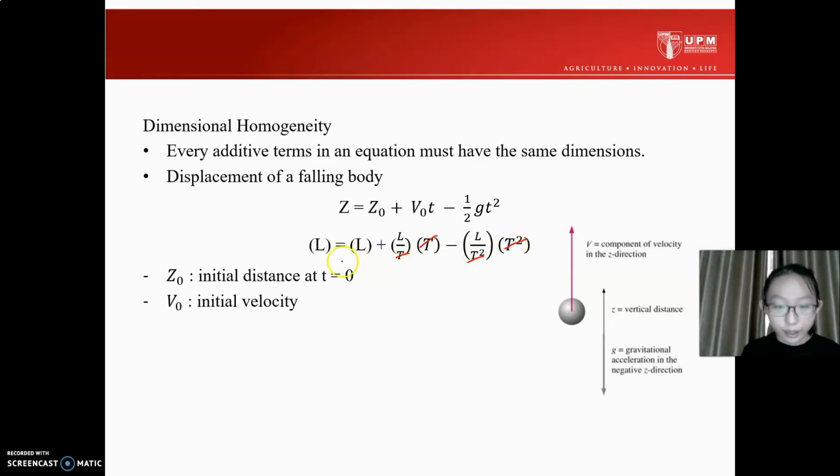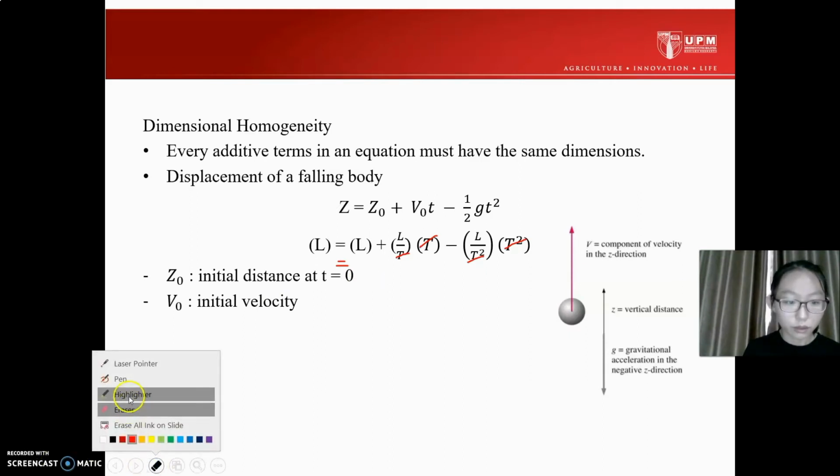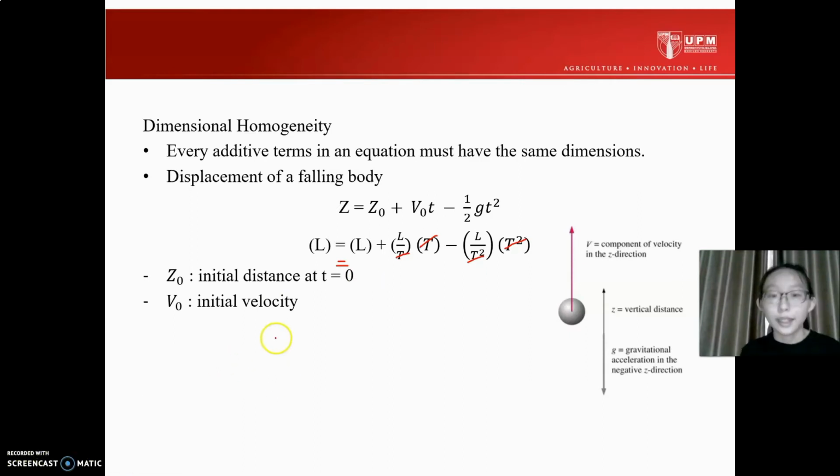And it will become L. And it will equal L. The z0 is equal to the initial distance at t equal to 0.